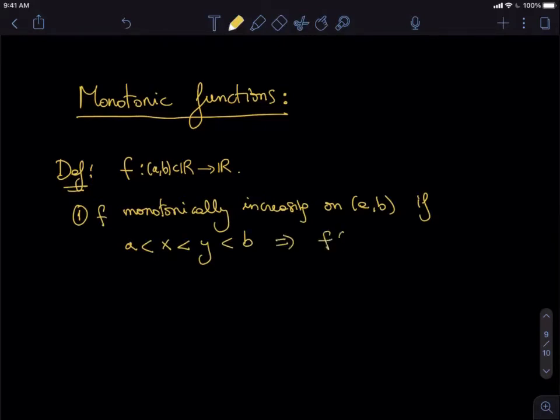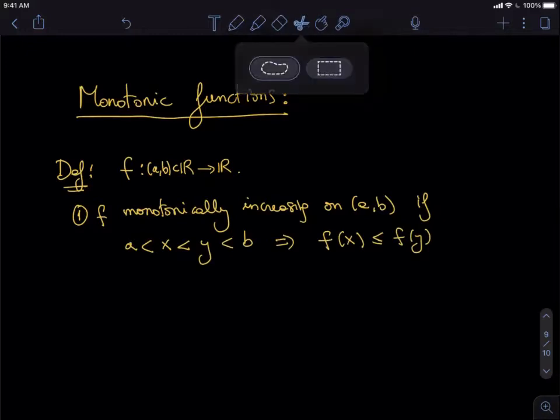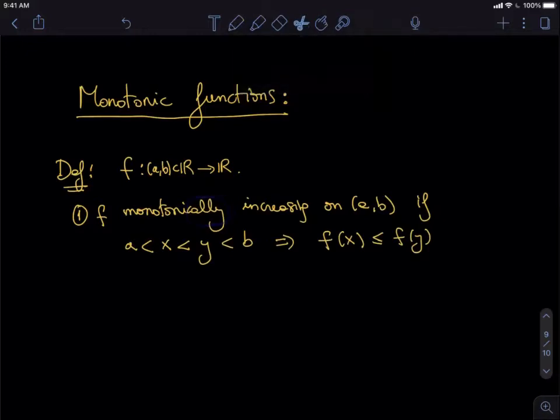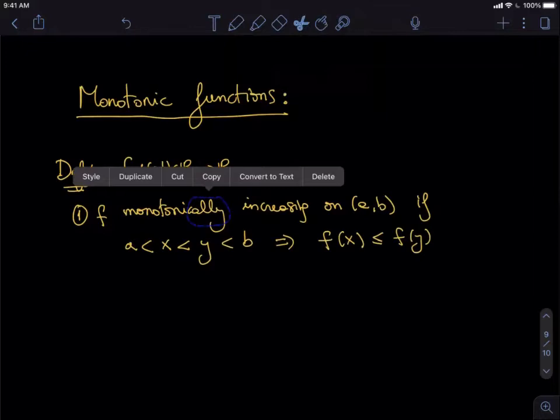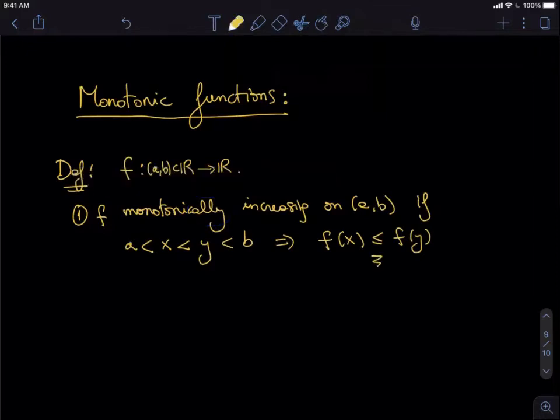So x less than y implies f(x) less or equal than f(y). We are saying monotonically increasing, but we actually mean non-decreasing. You see that the possibility that f(x) and f(y) are equal is still there.